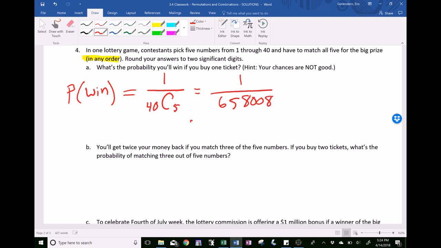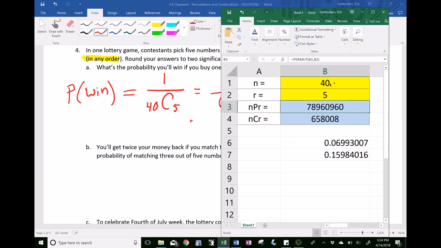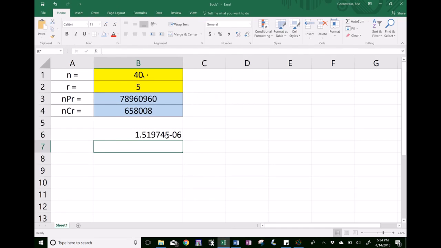So the probability of winning, 1 divided by 658,008. So, as a decimal, you know what? If Excel gives you a number in scientific notation, we can go up here where this little drop-down menu is.